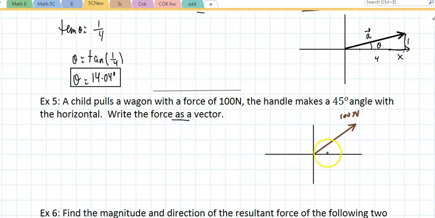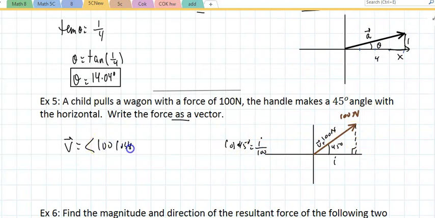So if I want to write it as a vector, if I know the magnitude is 100 newtons, and this is 45 degrees, and this is vector v, wouldn't you say I could write v as the i component is really the cosine of 45 equals the i component over the magnitude, which is 100, and if you cross multiply, 100 cosine of 45 degrees, and with the same argument, isn't that 100 sine of 45 degrees?